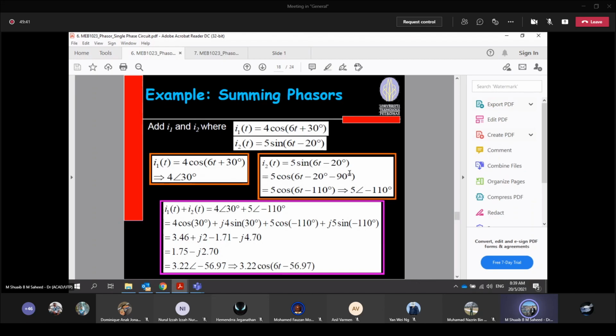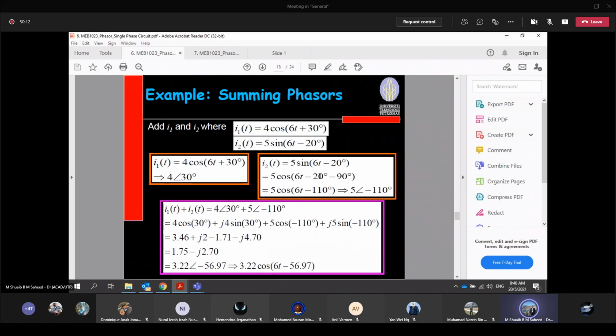You have to minus 90 degree. If you do that, this will change from sine to cos. Remember the cosine identity: cos(A minus B), if you expand it, will be cos A cos B plus sine A sine B.